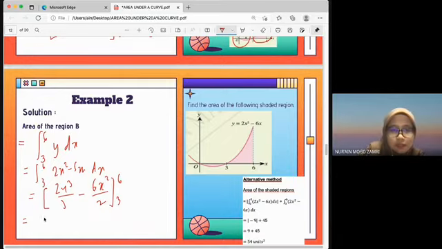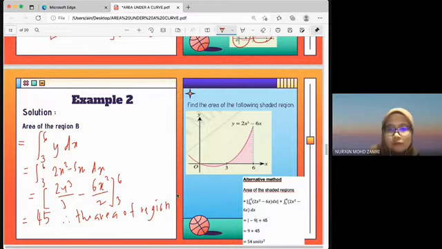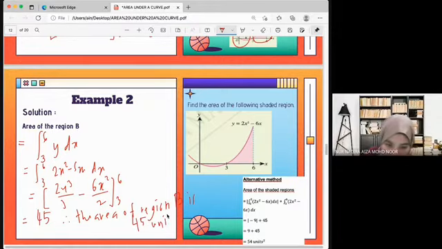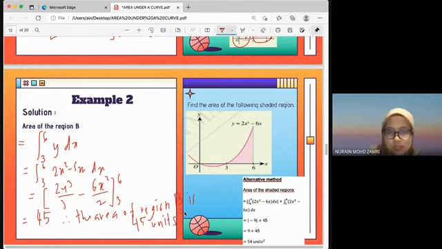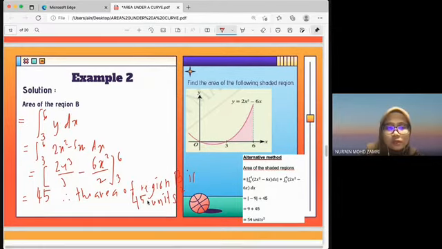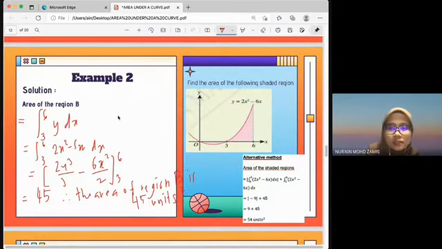You will get 45. So the area of region B is 45 units square.